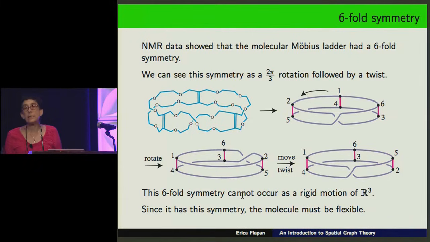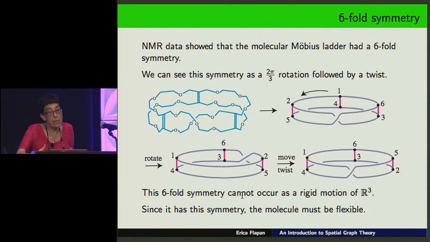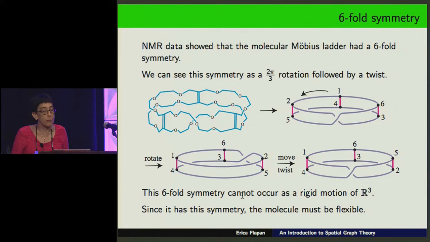However, this symmetry is not a rigid motion of R3. What you see here is a rigid motion of a 2 pi over 3 rotation, but then moving the twist around is not a rigid motion. For those of you who know what S3 is, it would be a rigid motion of S3, but the molecule lives actually in R3 and not in S3.